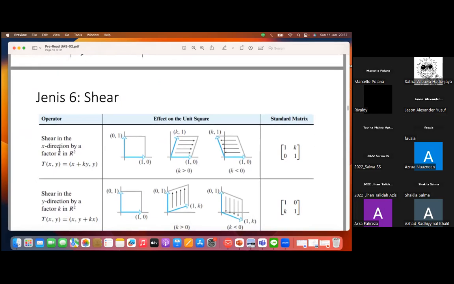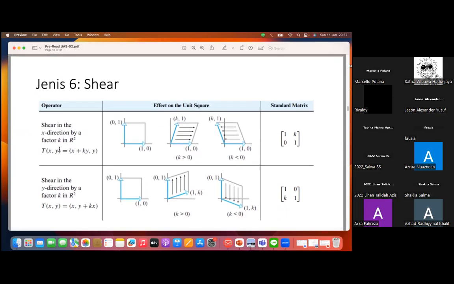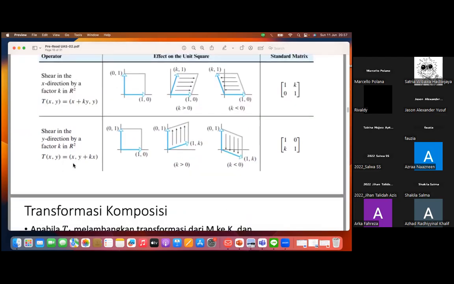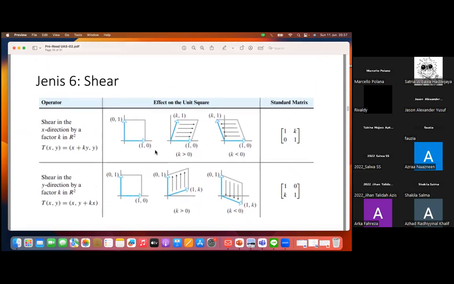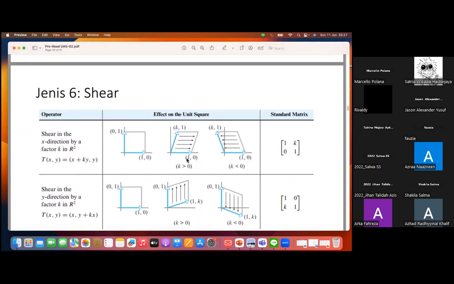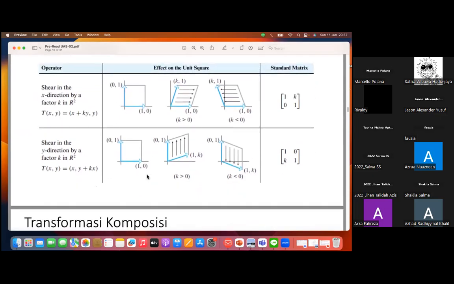And next, we have shear. Shear is like when the object is getting blown by the wind. You can read this on your own and understand how it happens, because this question rarely appears, but just be prepared.